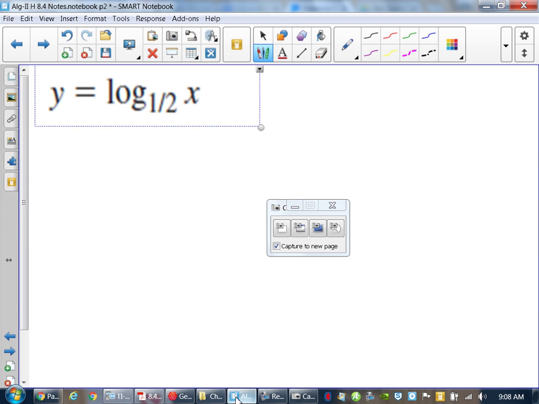So what's the first thing you're going to do? Very good. So what are you going to do? X equals log to the half, log base 1/2 of y. Now in this case, I have to create some way to get rid of the base 1/2.